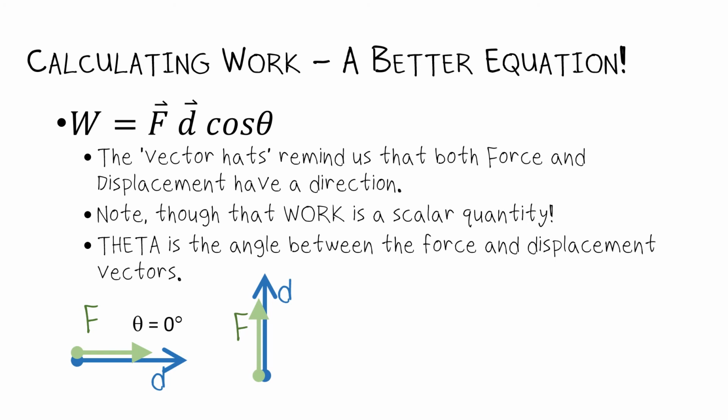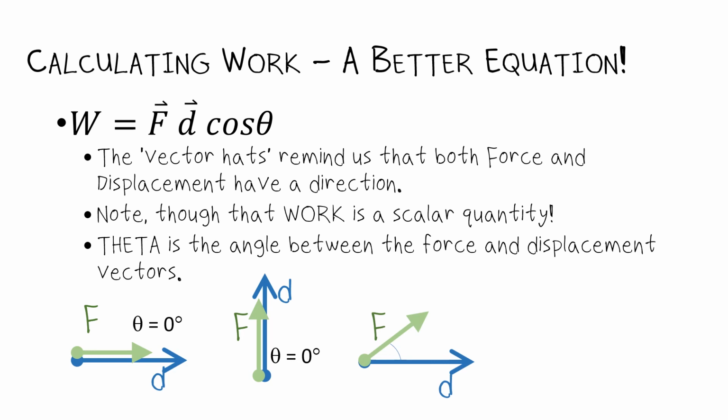But it's also important to note that if the displacement was pointing upward and the force was pointing upward, what's the angle between those? A lot of kids would instinctively say 90 degrees because they're used to saying straight up is 90 degrees. But the angle between the two vectors is actually still 0 degrees. And this is a big adjustment for kids to make. It doesn't matter the exact orientation of the vectors, it only matters the angle between them.